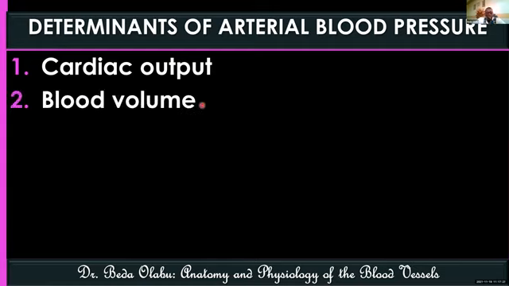The volume of blood itself also affects blood pressure. If your blood volume is high, your blood pressure will be high. Because blood volume affects cardiac output, it will affect the end diastolic volume, and that will affect the stroke volume. If your blood volume is low, your blood pressure will be low. That's why if you bleed a lot, you'll be hypotensive.